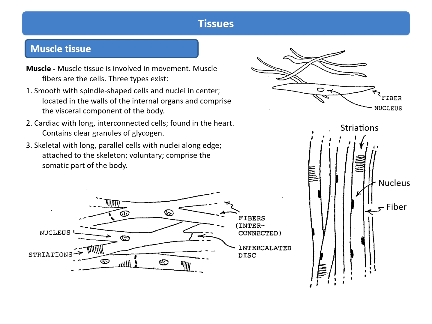Skeletal muscle, long parallel fibers with nuclei along the edges. Skeletal muscle is attached to the skeleton. Skeletal muscle is often called voluntary muscle because it is voluntary. It's characteristic of the somatic part of the body.